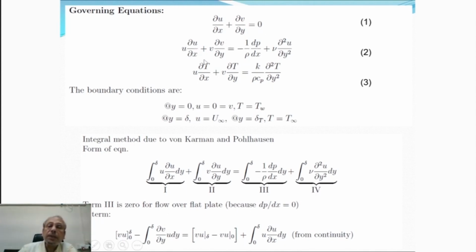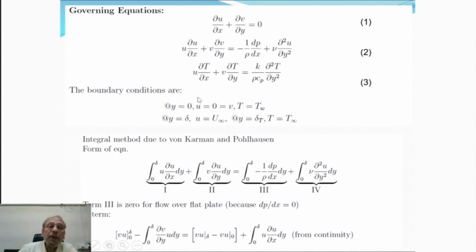The velocity boundary layer equation, u del u del x plus v del u del y equal to minus 1 by rho dp dx plus nu del 2u del y2. And the thermal boundary layer equation, which we have also derived, u del T del x plus v del T del y equal to k by rho cp del 2T del y2.